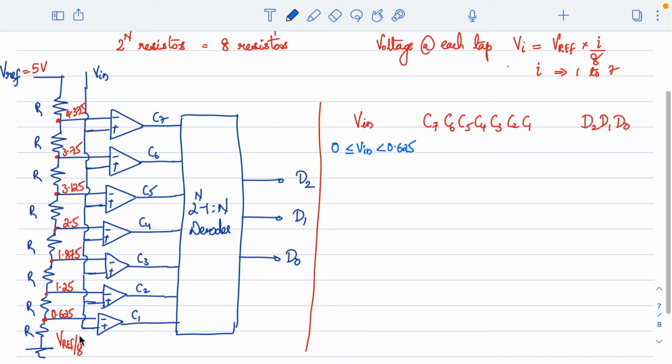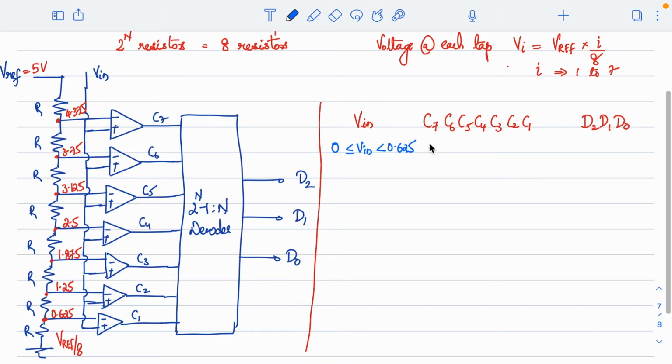If it is less than 0.625 and in this range, all the other comparators will definitely give you 0 only. When your input voltage is within the range from 0.625 to 1.25, the first comparator should give me a 1 output.